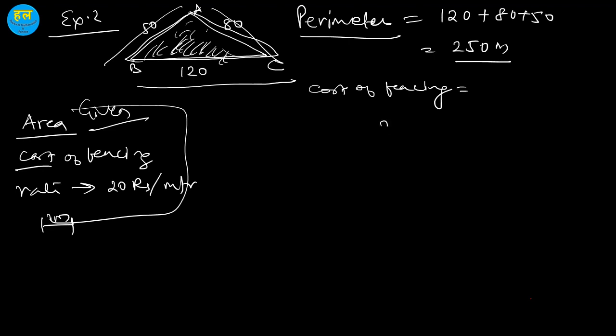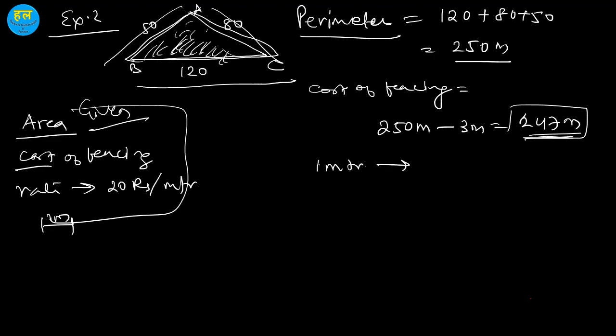First, what we have to do, from this 250 meter, we have to leave 3 meter for the gate. So it will become 247 meter. This will be the length in which the barbed wire will be installed. So the cost of fencing is 20 per meter. So for 1 meter, the cost is 20 rupees.